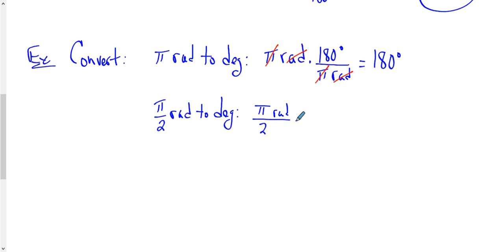And we're going to multiply, so we want radians to cancel, right? So times 180 degrees over pi radians. Both pi radians will cancel each other out, leaving you with 180 over 2, which would leave you with 90 degrees. Okay, so pi over 2 radians is 90 degrees.